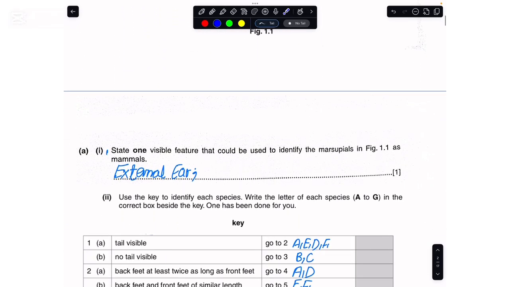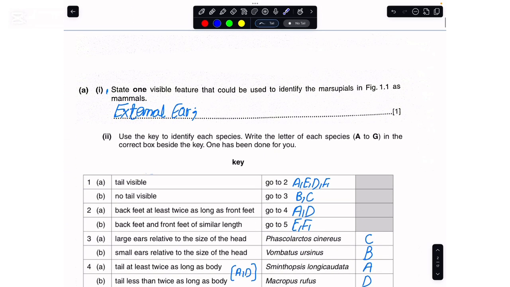If we were to go on to the question, for the first part, they say that you have to state one visible feature that could be used to identify the marsupial as a mammal. So if I were to recall some of the points from the mammals, you know that they have the external ears, their body would be covered with fur or with hairs, they have got the mammary glands to feed their young ones, and the female individuals have the placenta on the inside of their body to be developing their offsprings or the young ones.